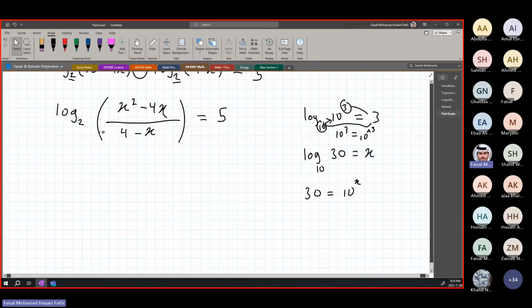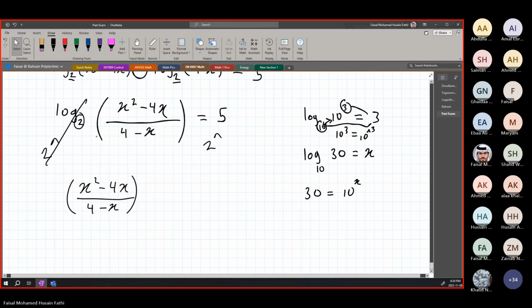So we will apply the exact same thing here again. What base do we have here? We have 2. Log base 2, so we do 2 to the power of both sides, and the log cancels, leaving x squared minus 4x over 4 minus x is equal to 2 to the power of 5.